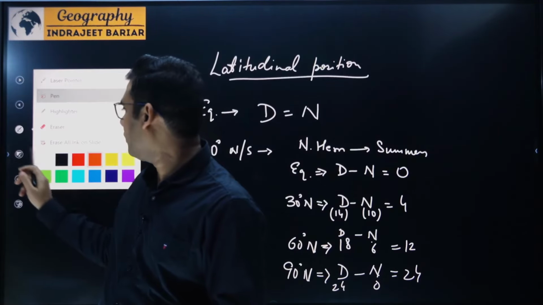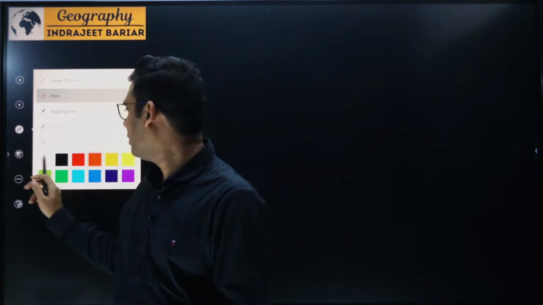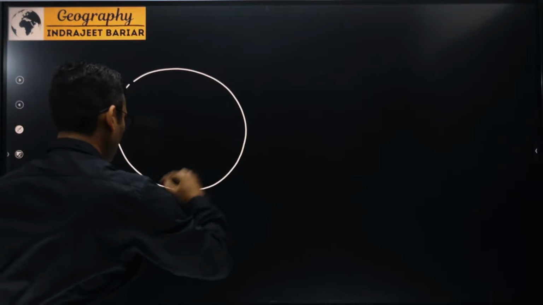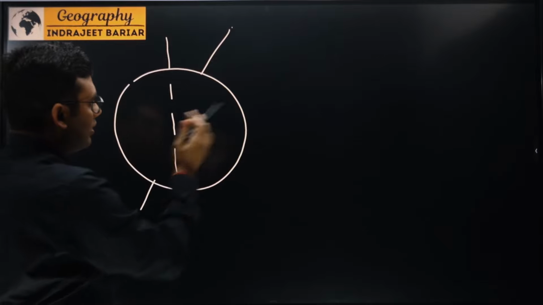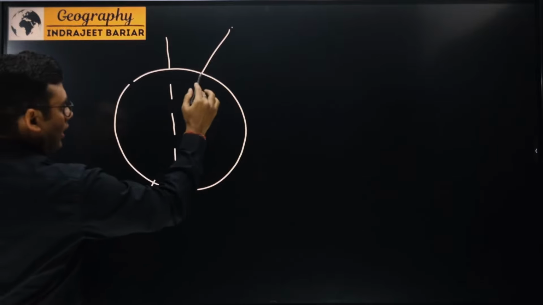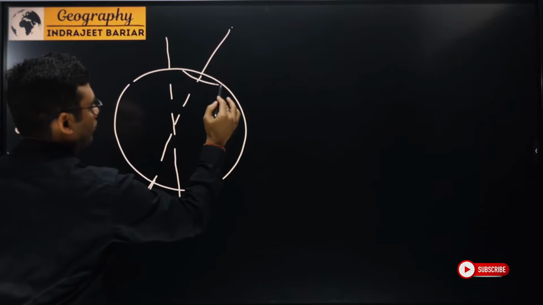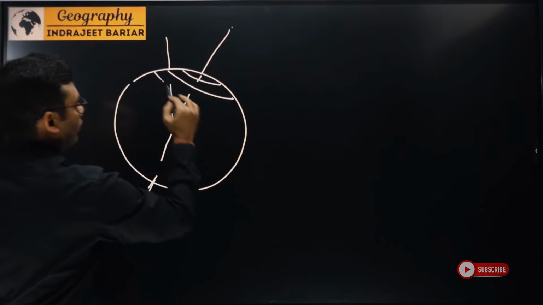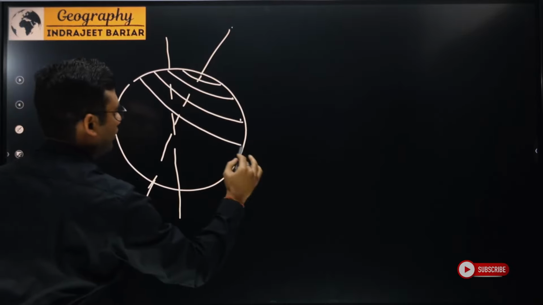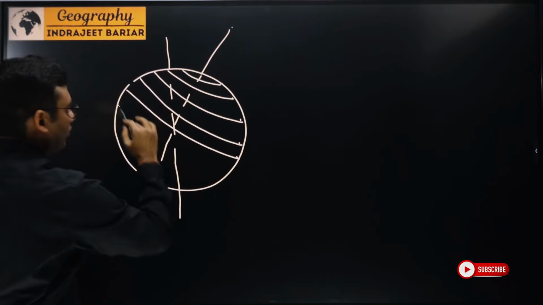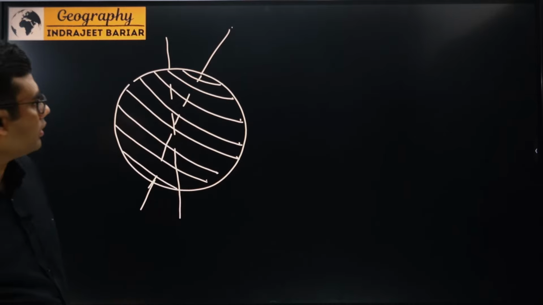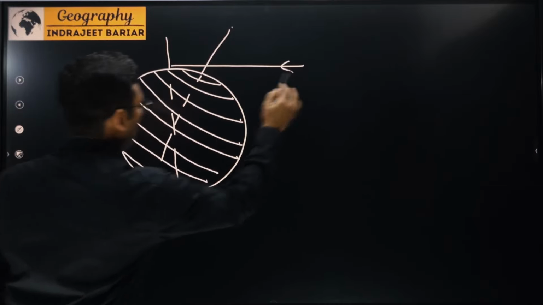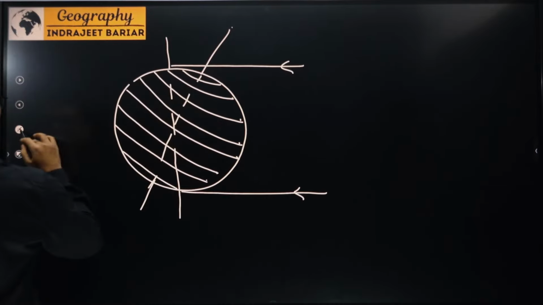Now, revolution of Earth on a tilted axis, this is something where the Earth is tilted, and this is one scenario where sun rays are falling like this, and I have the latitudes over here. In this case, the sun rays are falling on this part.